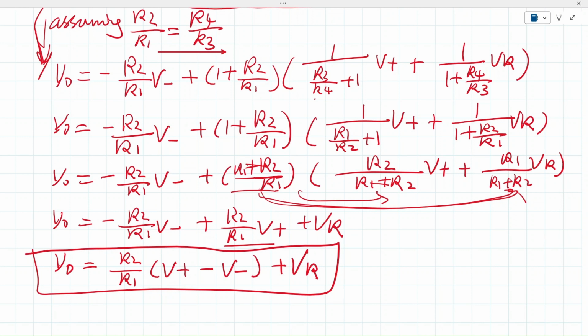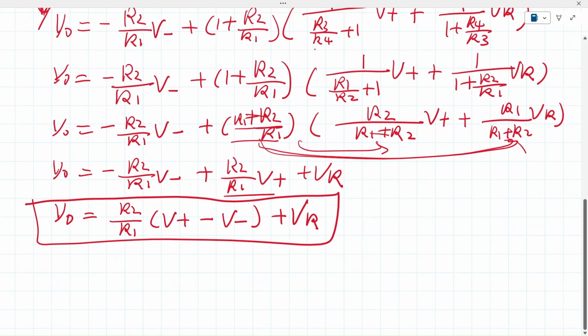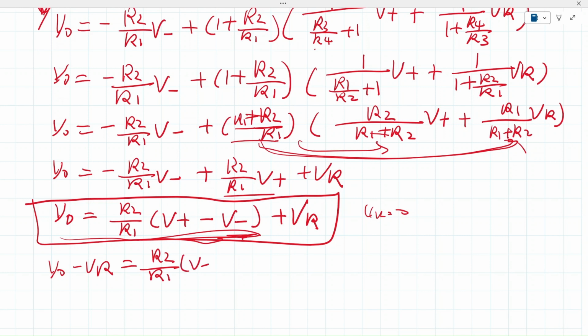If you remember from video number 9, you can tell this part is just the equation when VR equals 0. What this really means is Vout minus VR equals R2/R1 (V plus minus V minus). It's just one equation, two forms.